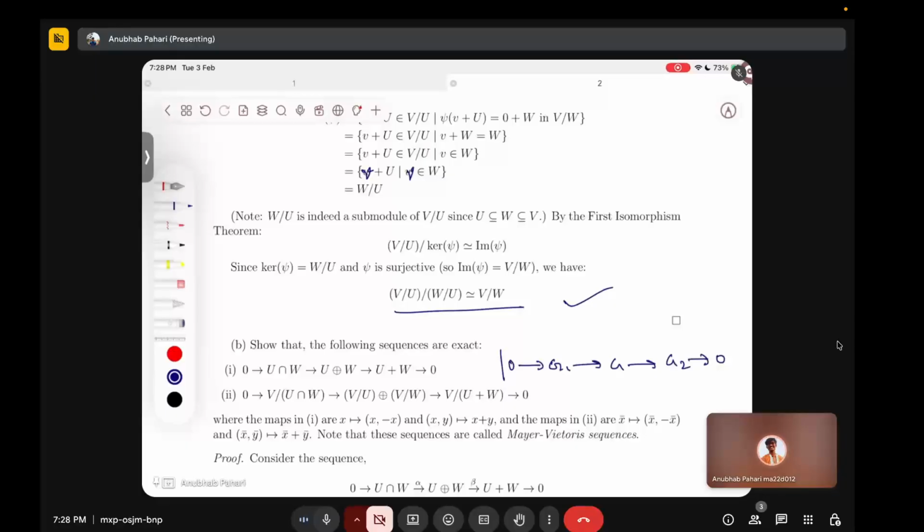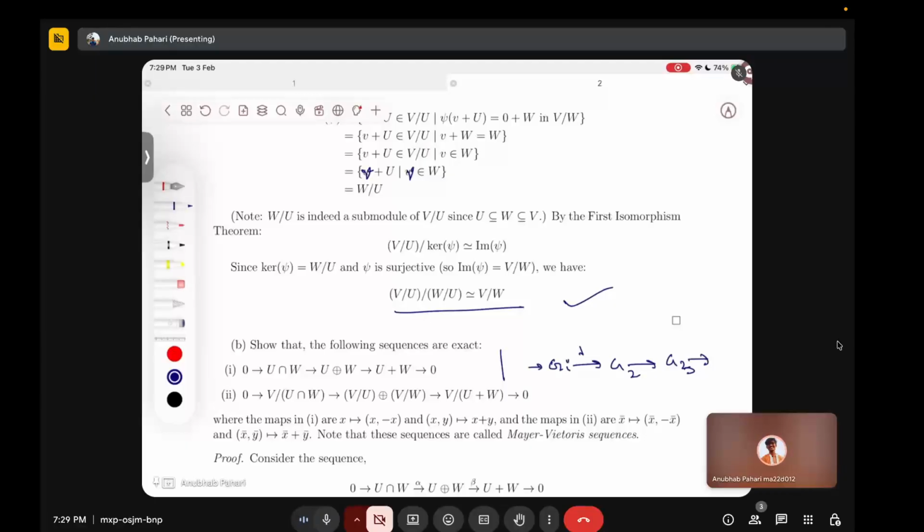You just compose these maps: 0 to G1 is a group homomorphism, G1 to G is a group homomorphism, G to G2 is a group homomorphism, and G2 to 0 is a group homomorphism. You just compose them and make it a chain. So we say it is a complex of groups if this happens. Okay, forget the 0 thing. Say this is G2, this is G3.